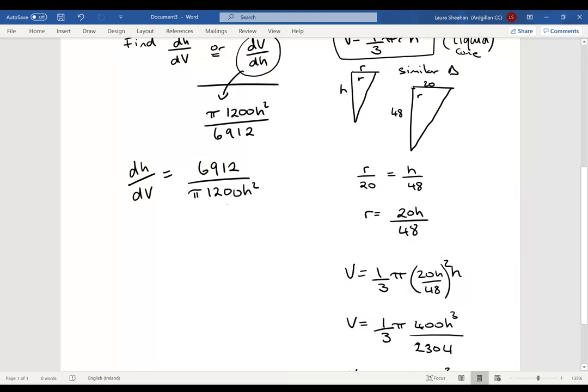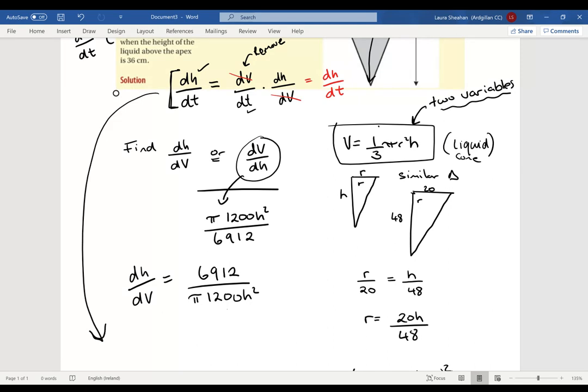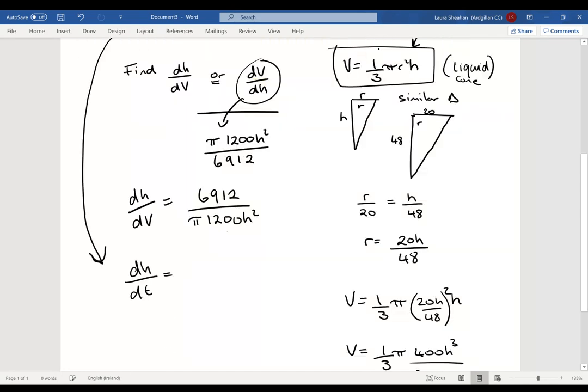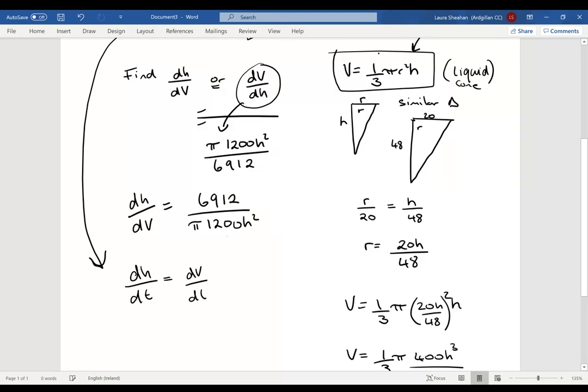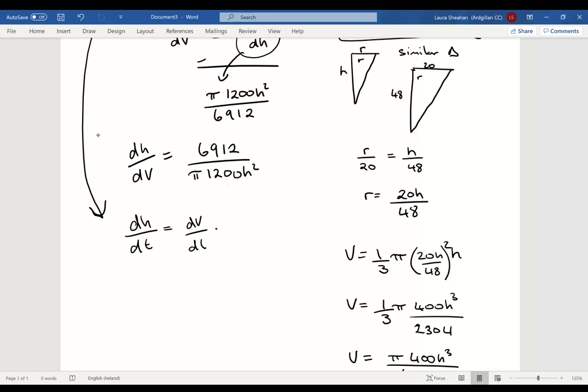Going back to my expression here, I have dh/dt is equal to dV/dt, which I was given is 3, times dh/dV, which is this one, 6912 over 1200 pi h squared.